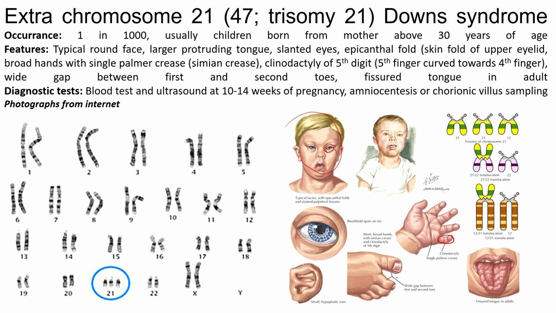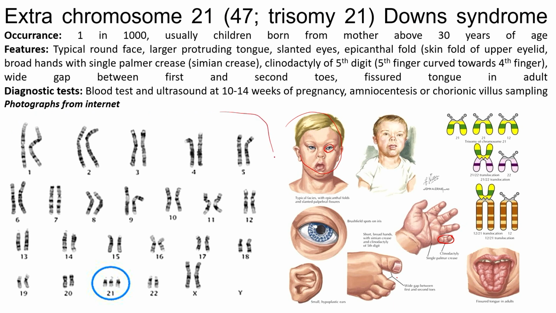How do we diagnose these? Blood test and ultrasound at 10 to 14 weeks of pregnancy. Otherwise, amniocentesis or chorionic villus sampling. If you do amniocentesis or sample the chorionic villus, and then chromosomes are made, you can see and make the karyotype like this.